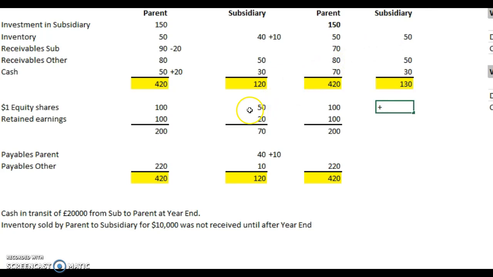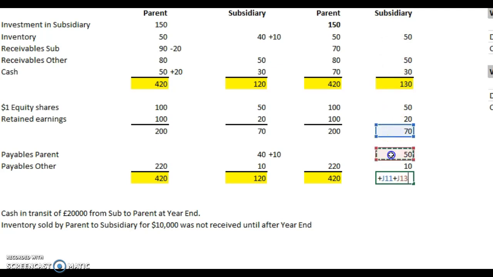These are all unchanged. So that's 70. Here we have an adjustment, plus 40 plus 10. This was the inventory that moved from one place to the other. This was the payables to the other. So if we add this to this and this, with any luck, it should be 130. And it is. So that's always a good sign.